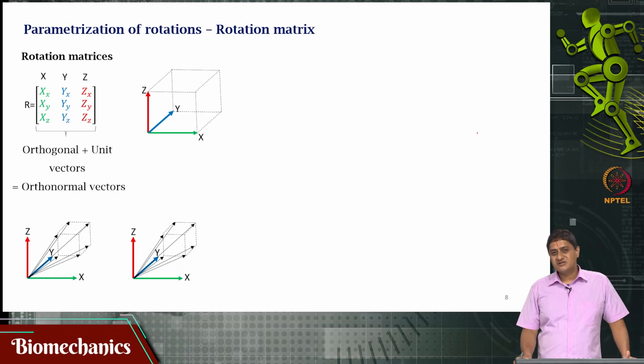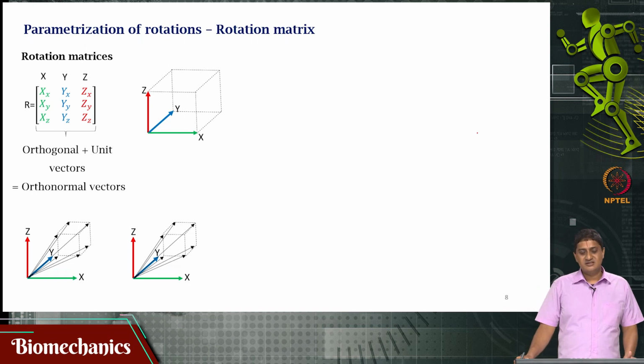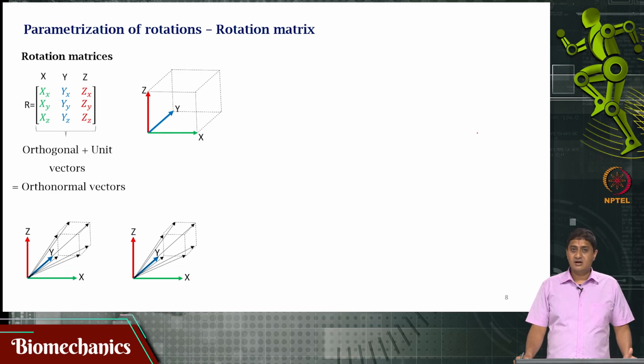A rotation matrix is composed of three vectors that are orthogonal to each other, and each of these three vectors has unit magnitude. So, essentially these form a basis of an orthonormal system. Okay, these are orthonormal.